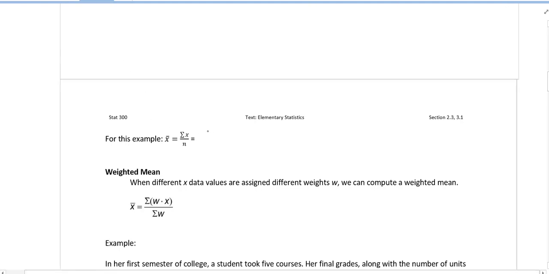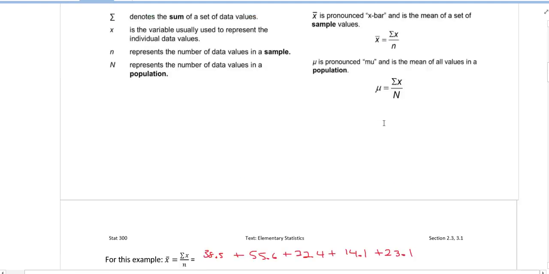Right, so the values are 38.5, so I'm going to add that plus the next one, 55.6, plus 22.4, plus 14.1, and then lastly, plus the 5th one that was given, 23.1.